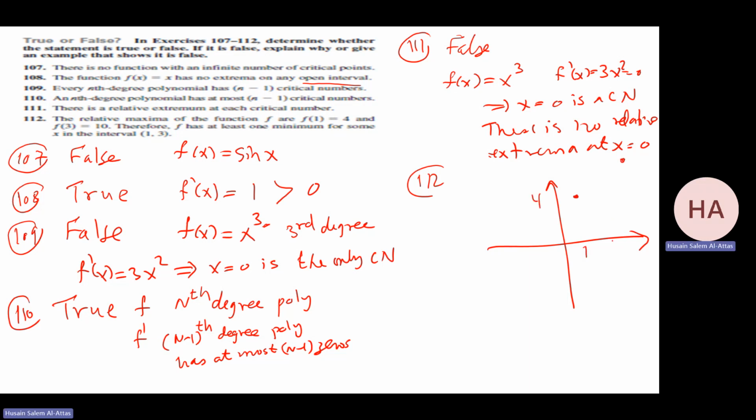This is 1, this is 4, this is 3, this is 10. And I have relative maximum here, so it will do something like this. And then I have relative maximum here also. Does that mean I have a relative minimum between 1 and 3? No, because the function may not be continuous. If the function is continuous, yes. So this is false.